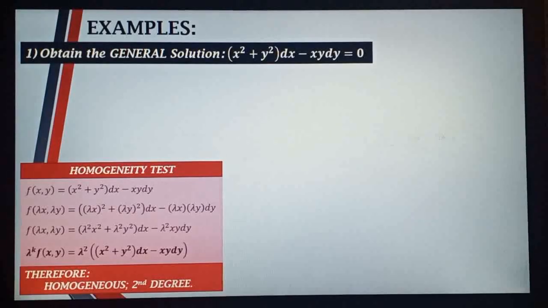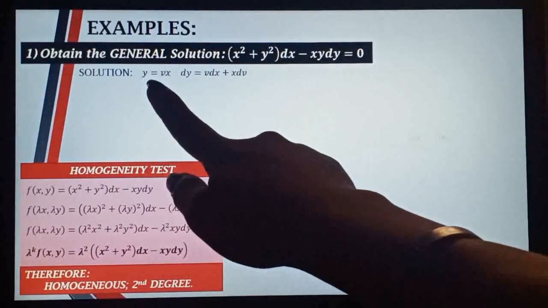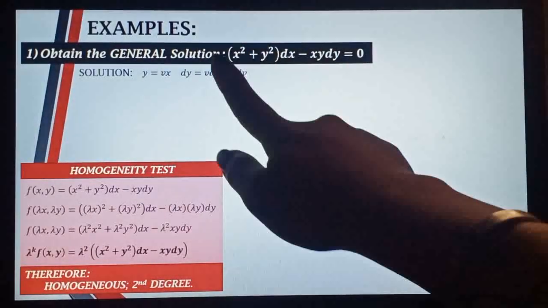So pwede natin gamitin yung solution of the homogeneous equation. Ngayon, either way, pwedeng y equals vx or x equals vy. So let's say we let y equals vx. So we are going to use dy equals v dx plus x dv. Isa-substitute natin si y and dy dun sa original equation.